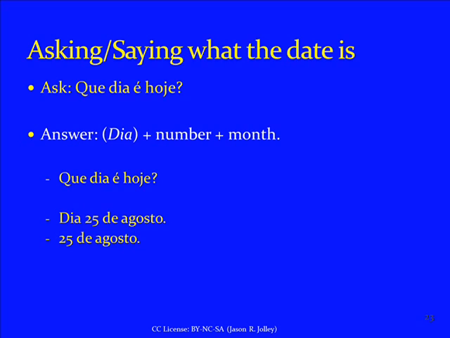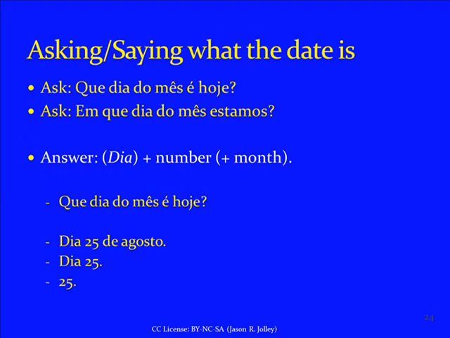So you can see from the answer format, I can use the optional word dia in my response, plus the number plus the month. So if somebody were to ask me, que dia é hoje? I could say, dia 25 de agosto. Or I could just say, 25 de agosto.